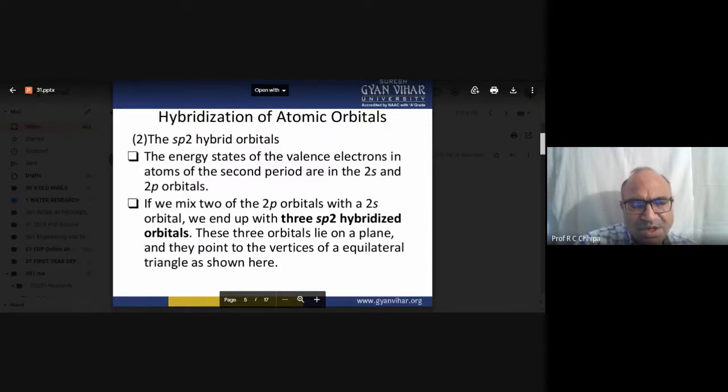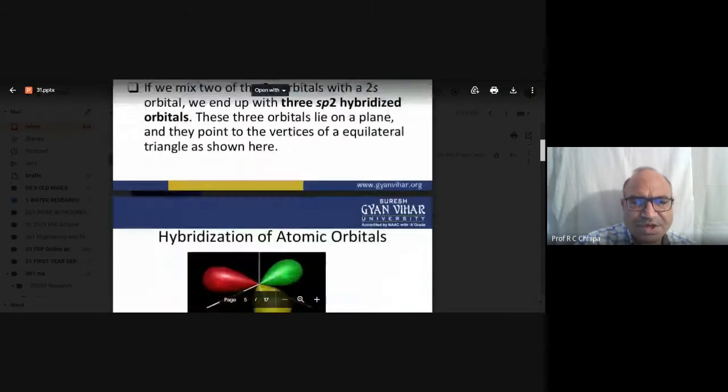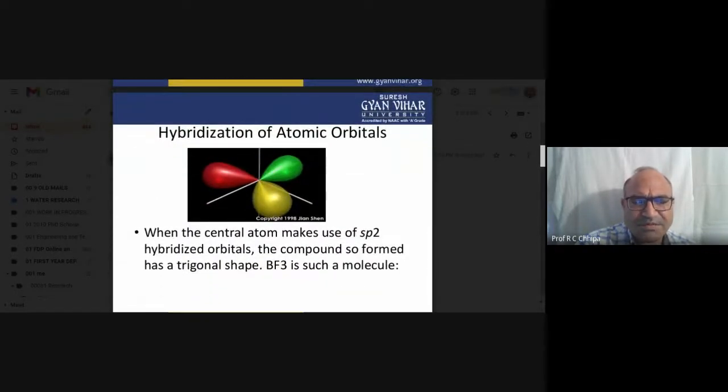So new orbitals are formed, and those are sp2. Here we can see an example of sp2 hybridization. Three different sp2 hybrid orbitals are present, and the example is BF3.